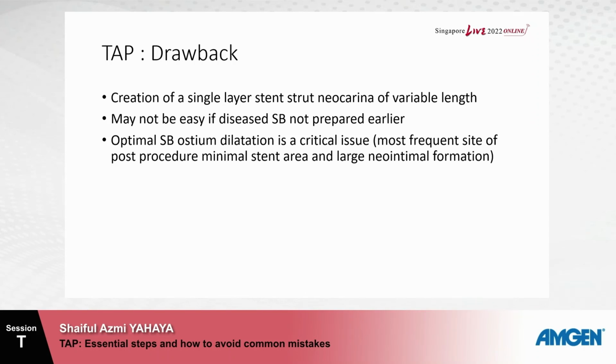It may not be easy if the side branch is diseased and it is not prepared earlier, especially if there is calcification. Optimum side branch ostium dilatation is a critical issue because it might cause a site of post-procedure minimal stent area and large neointimal formation.